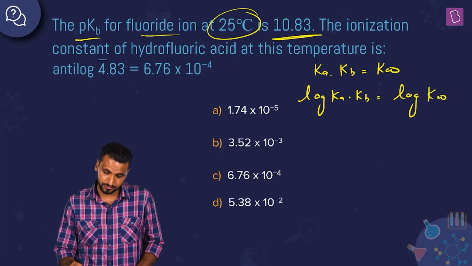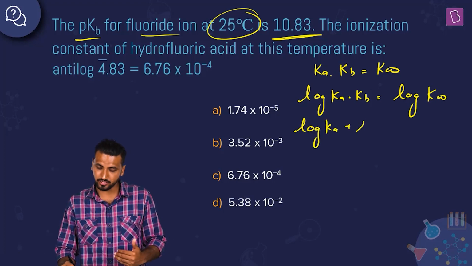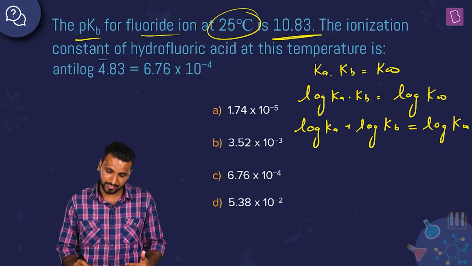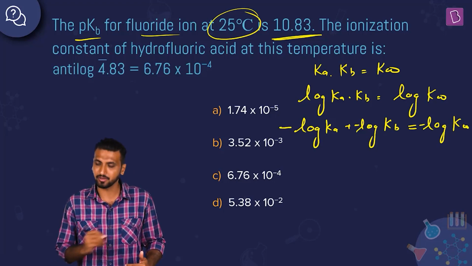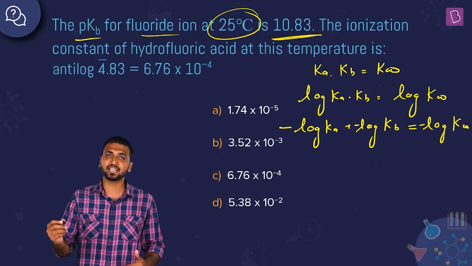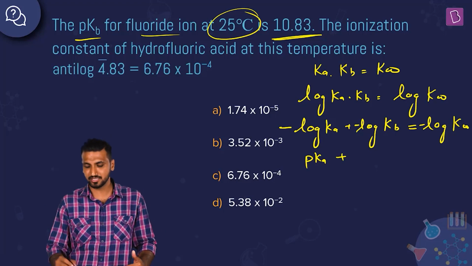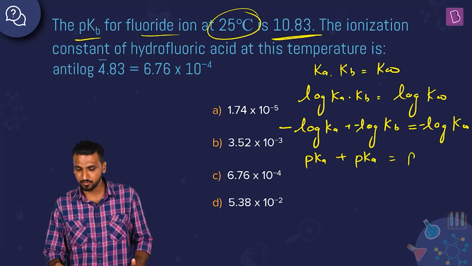Using the property of log A into B as log A plus log B, this will be log Ka plus log Kb is equal to log Kw. Let me take minus on both the sides. Minus log Ka, nothing but pKa, plus minus log Kb, nothing but pKb, and minus log Kw will be your pKw.